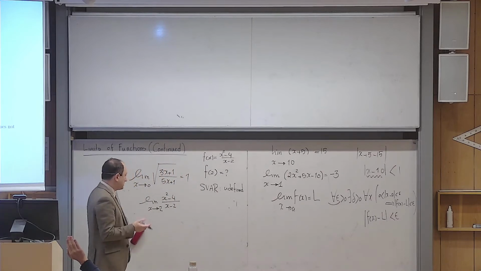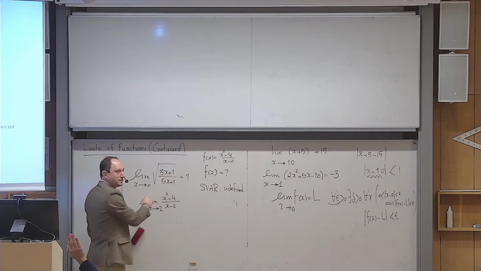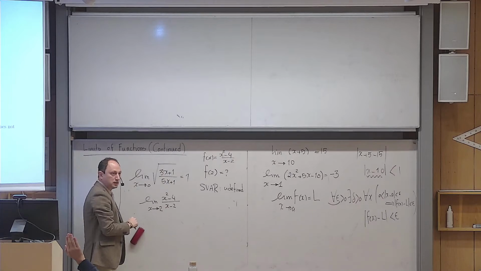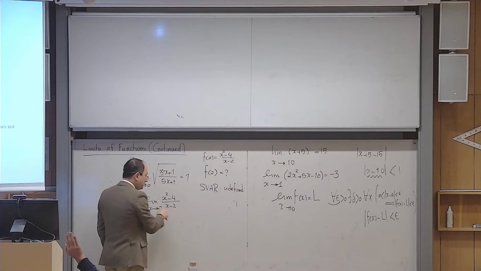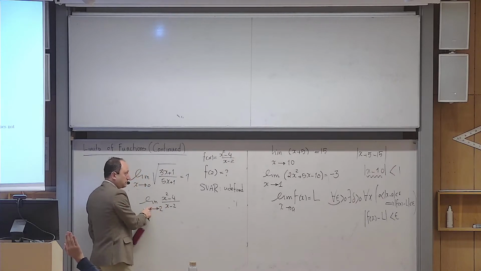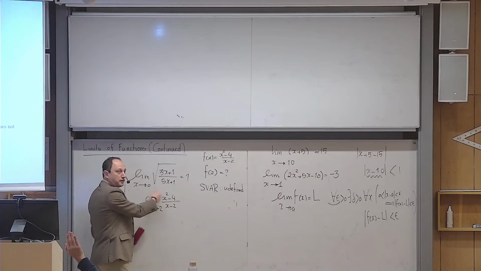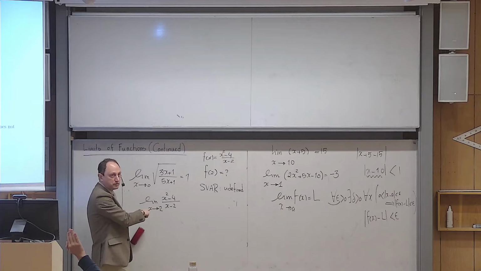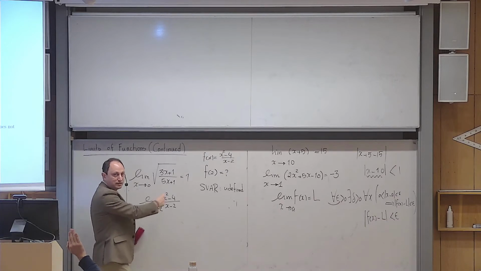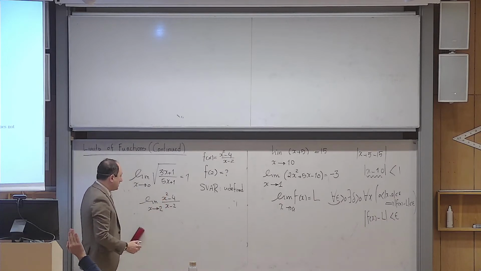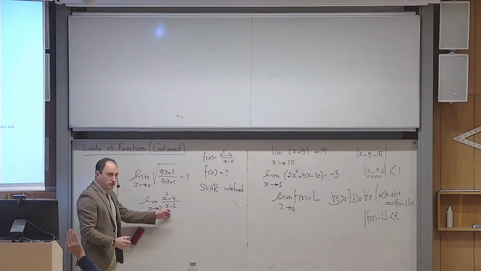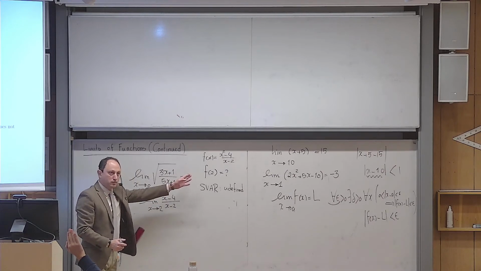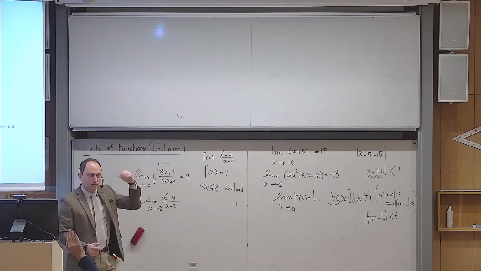But this is more or less the same thing. If you just immediately jump to the conclusion that this is also undefined, it might be true, might be false. In this case, it is false. Do you understand the difference? Why is this question different from that question? This I want you to tell me.